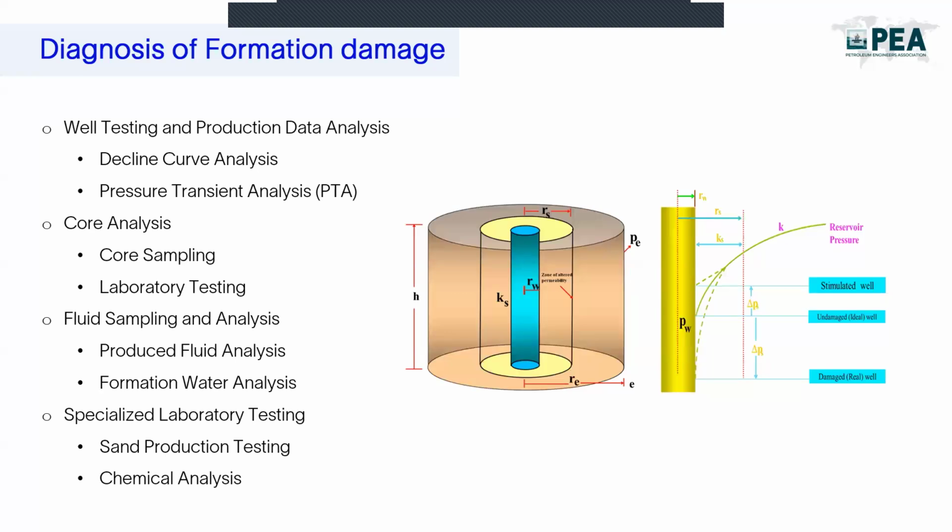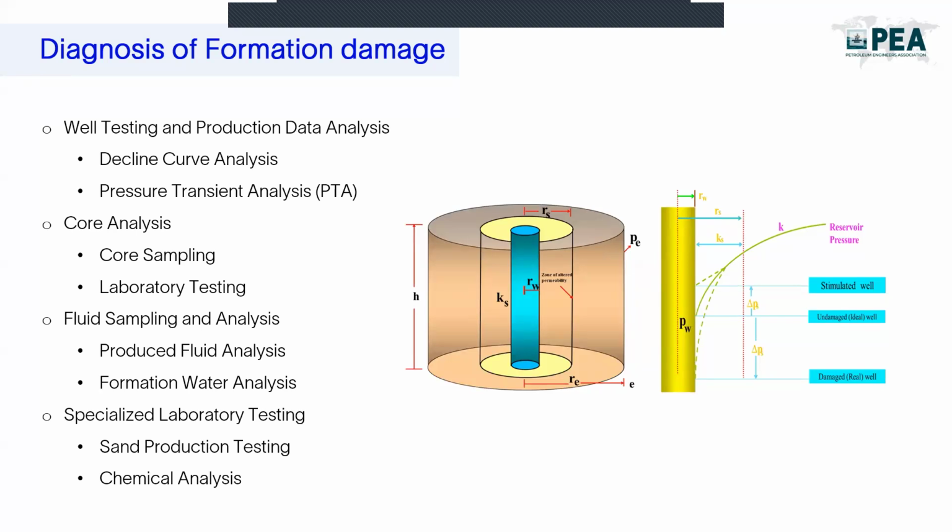There's another indicator here, which is the most important indicator, the productivity index. Productivity index is basically a measure of the well's ability to produce hydrocarbons, and it's directly related to the reservoir permeability and the skin factor. So it represents these two parameters that eventually describe the formation damage.